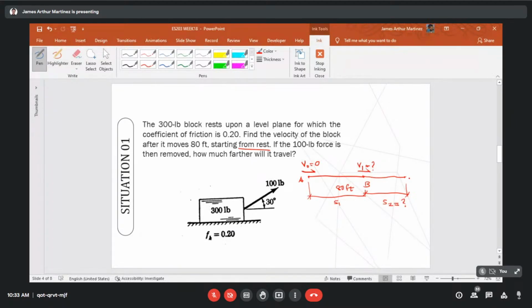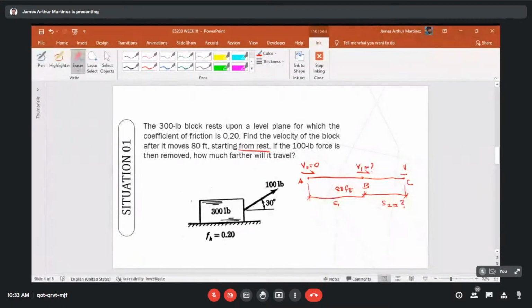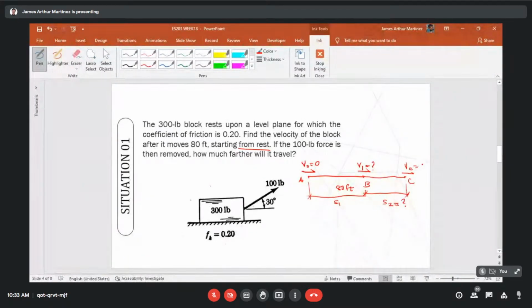The velocity at this point, point C, is also equal to 0. Why zero? Because the applied force is removed.